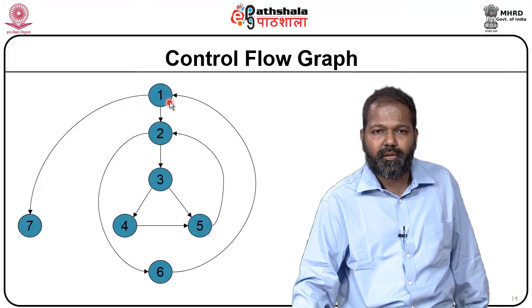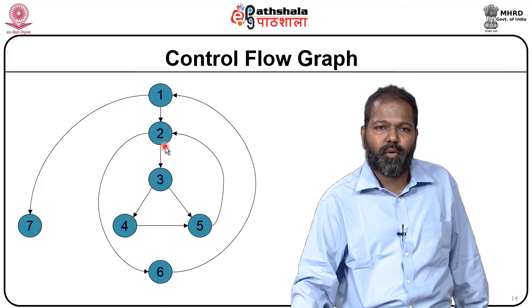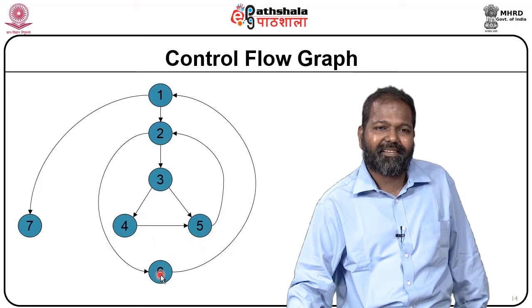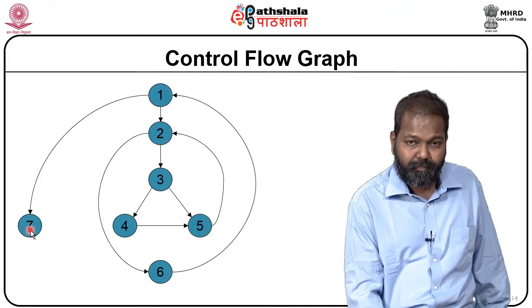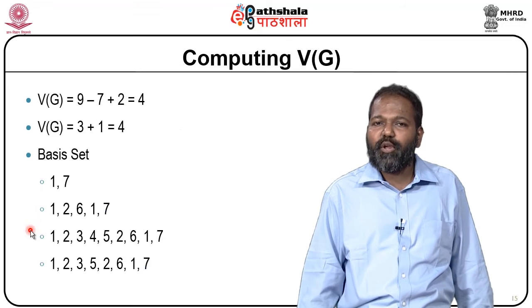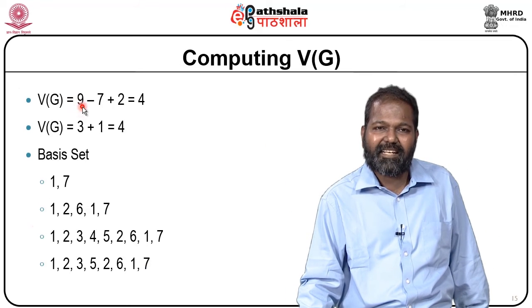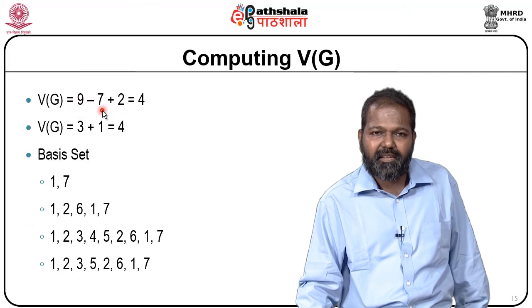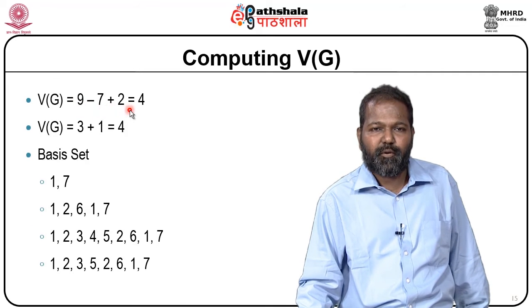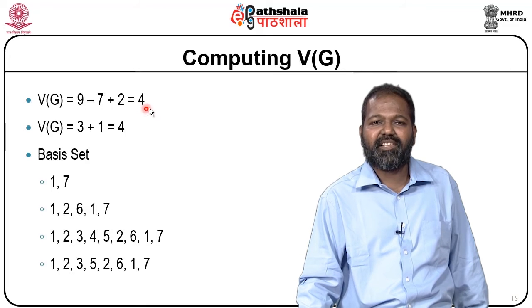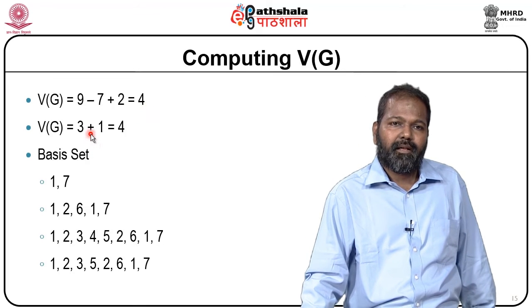Number of nodes: 1, 2, 3, 4, 5, 6, 7. How do you compute cyclomatic complexity? Number of edges 9 minus number of nodes 7 plus 2, which is 9 minus 7 plus 2, which is equal to 4.